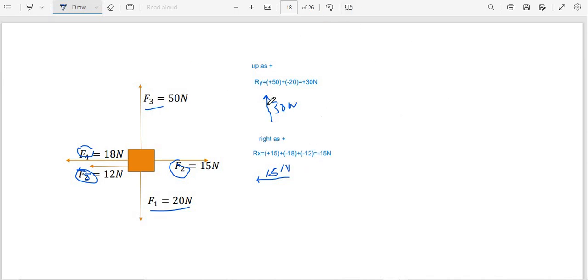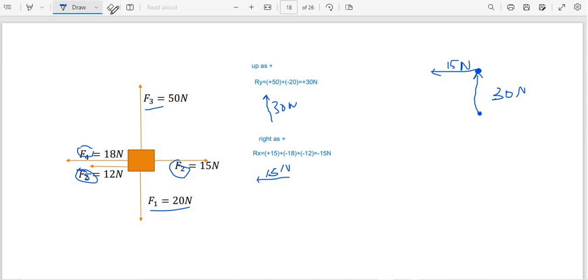Now we go to the next step where we need to draw these 2 vectors using the tail to head method. So I'm going to start with the one along the vertical direction. I have 30 newtons over here, from the tail to the head. From the head of the 30 newtons, I start with the tail of the 15 newtons, and the 15 newtons points towards the left, so that has a magnitude of 15 newtons.